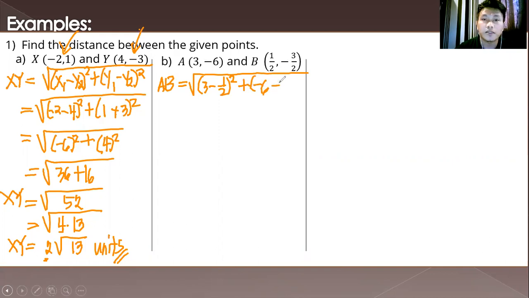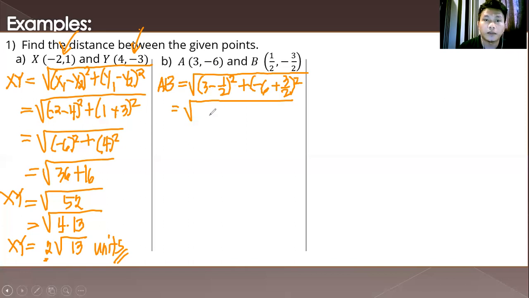So negative times negative is positive 3 over 2 squared.